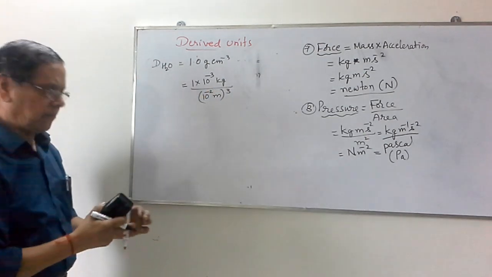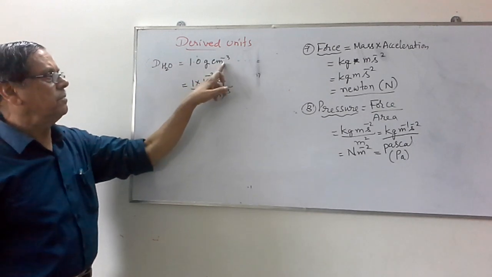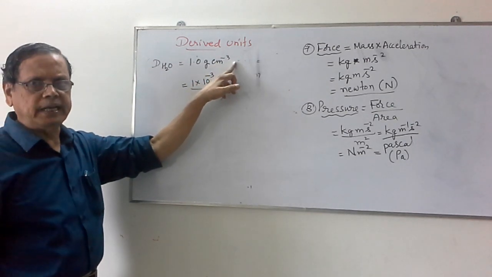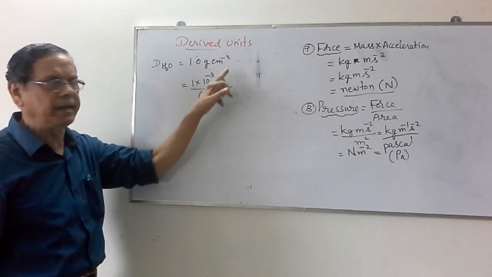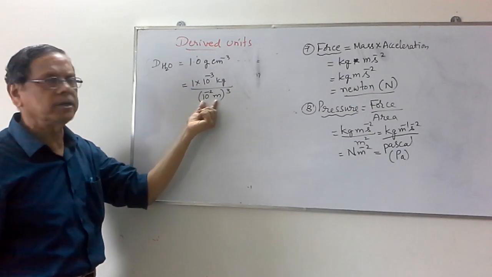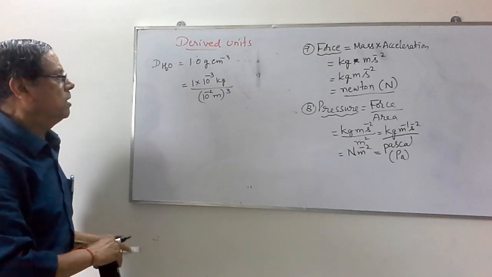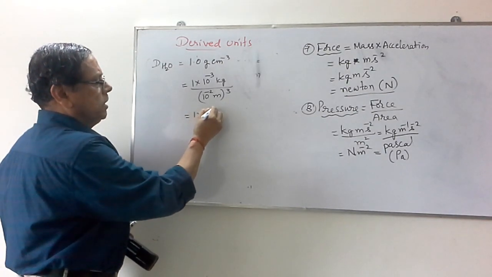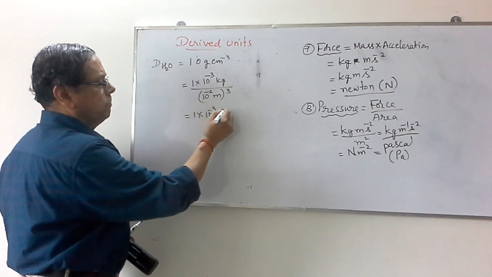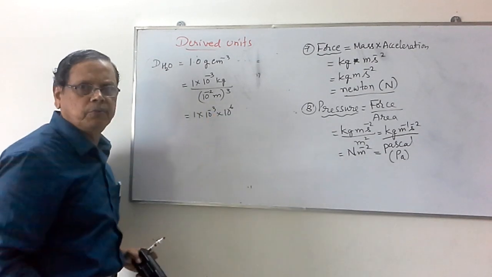There is a chance of confusion here. Cm to the power minus 3: it is not only to the m, it is to both c and m. That's why we write 10 to the power minus 2 meter whole cube. So on simplification you will get 1 into 10 to the power minus 3, and this will be 10 to the power 6 when it comes to the numerator.